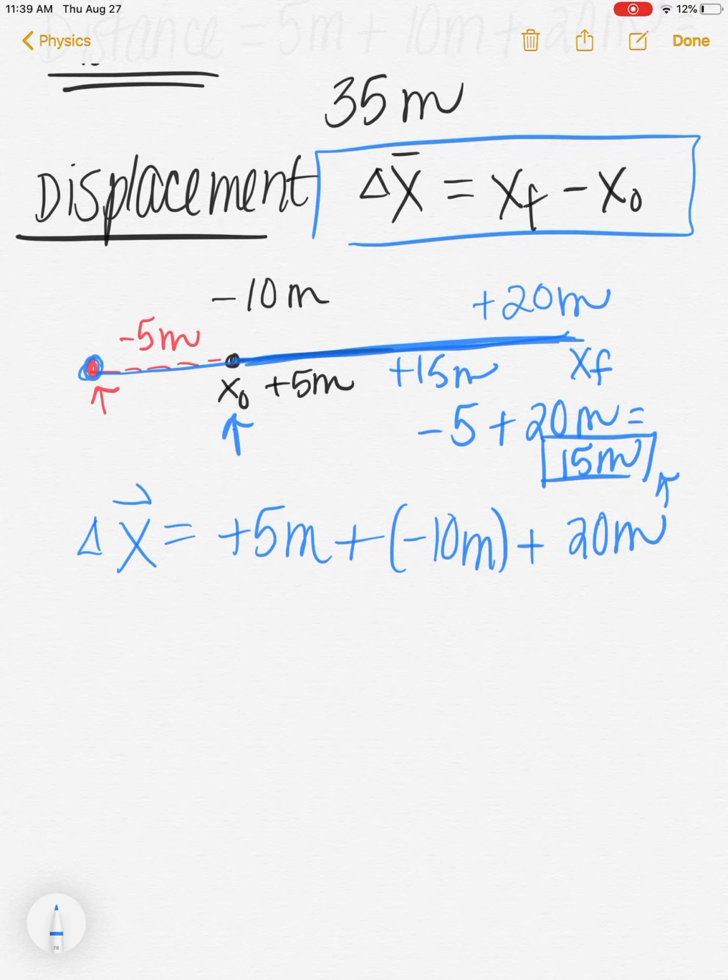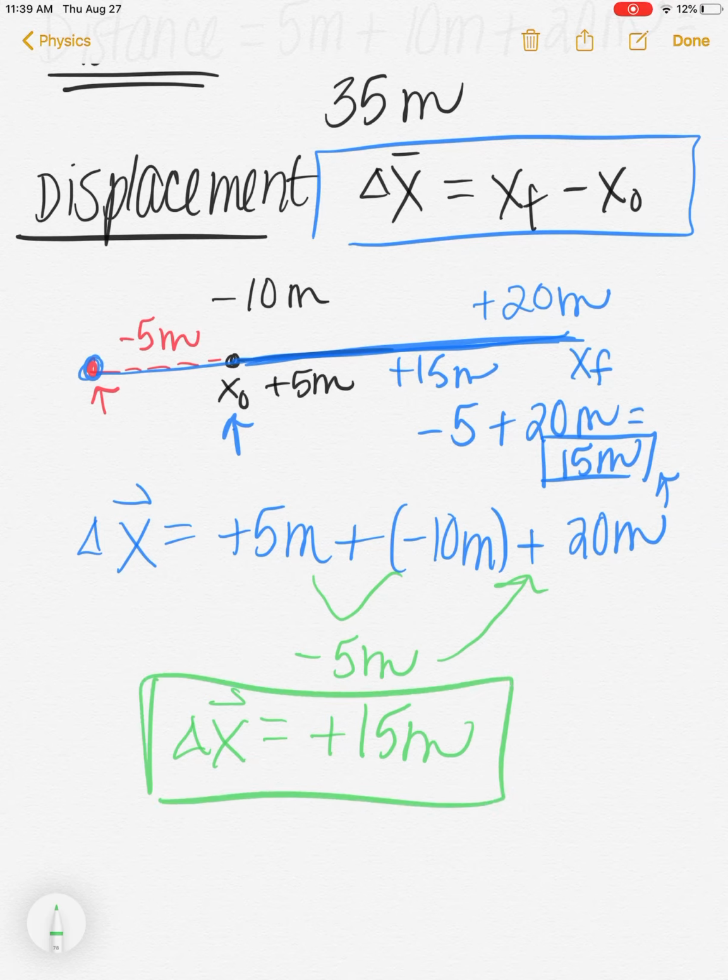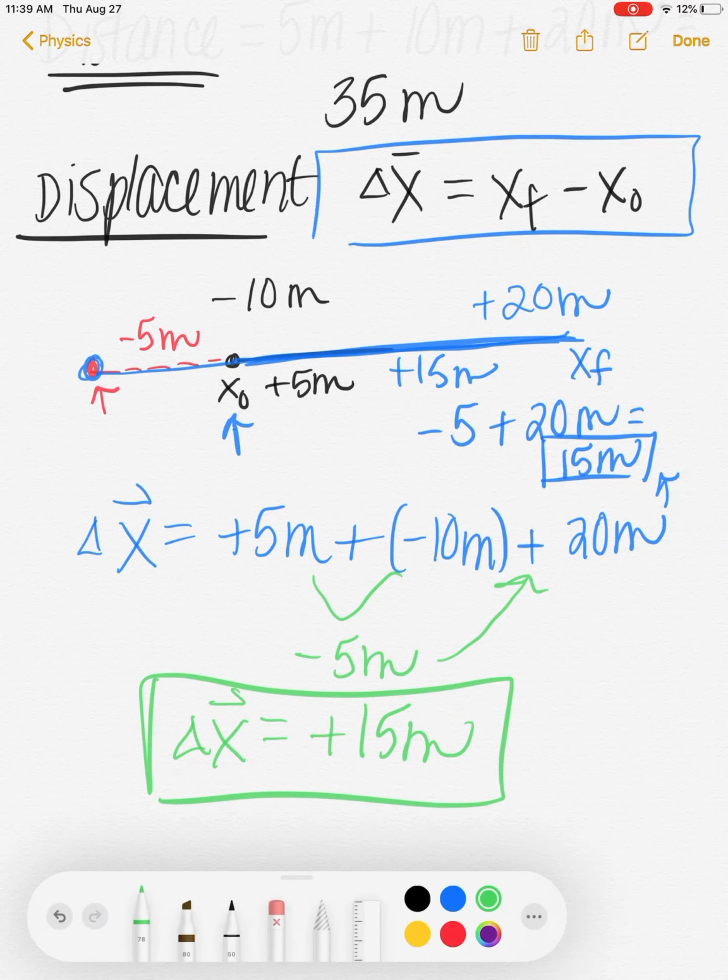Will this give me the same answer I started with? Well, let's see. Positive 5 minus 10 will give us negative 5. Negative 5 plus 20 gives us a displacement of positive 15 meters for describing where we finish from where we start.